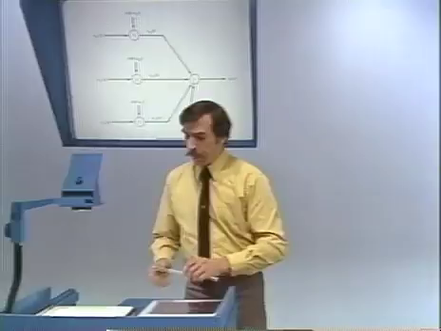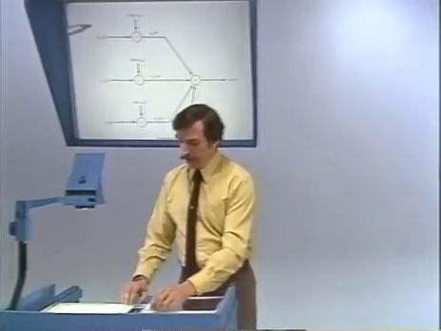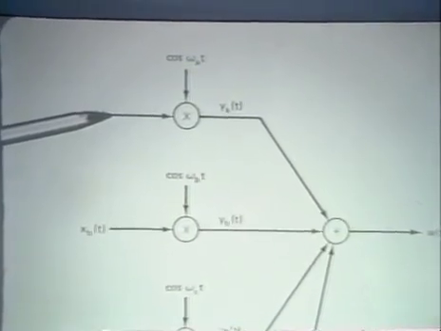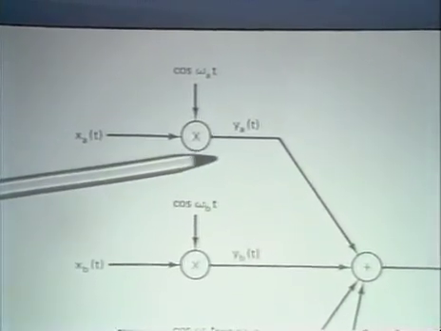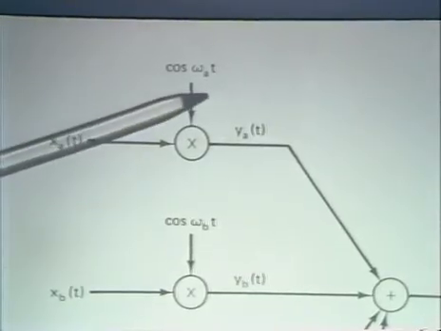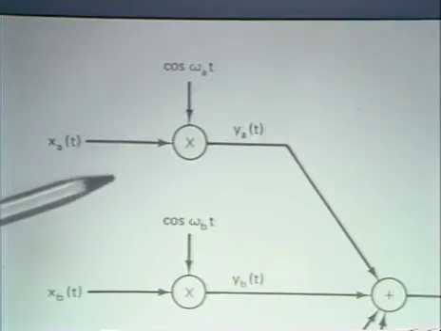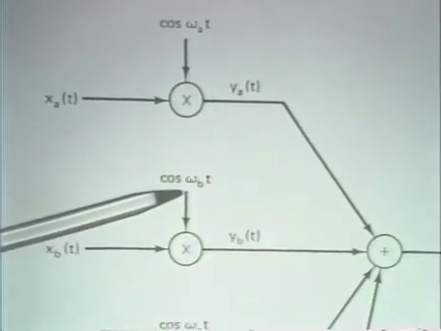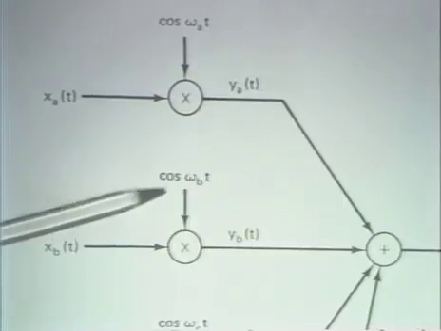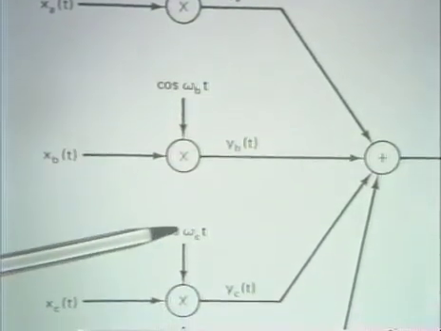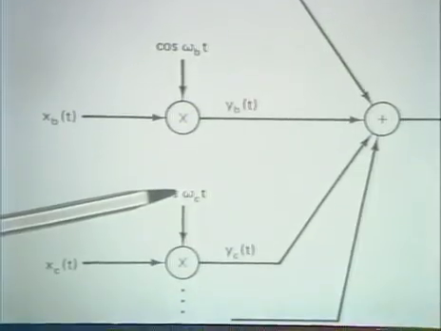We could think, for example, of taking one signal and modulating it onto one carrier with one carrier frequency, taking a second signal, modulating it onto a different carrier frequency, taking a third signal and modulating it onto a third carrier frequency, etc.